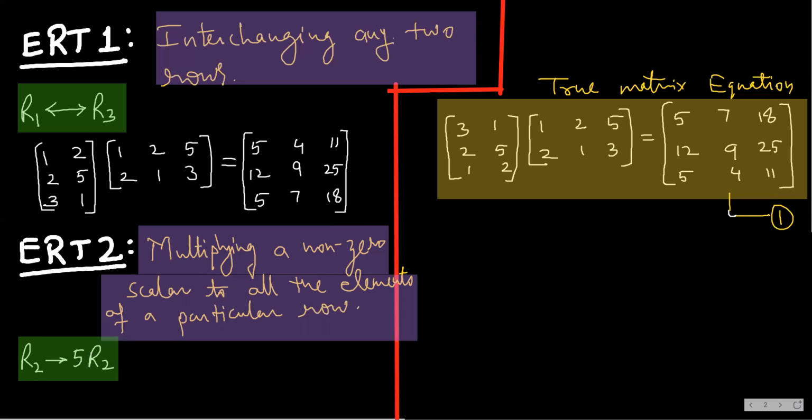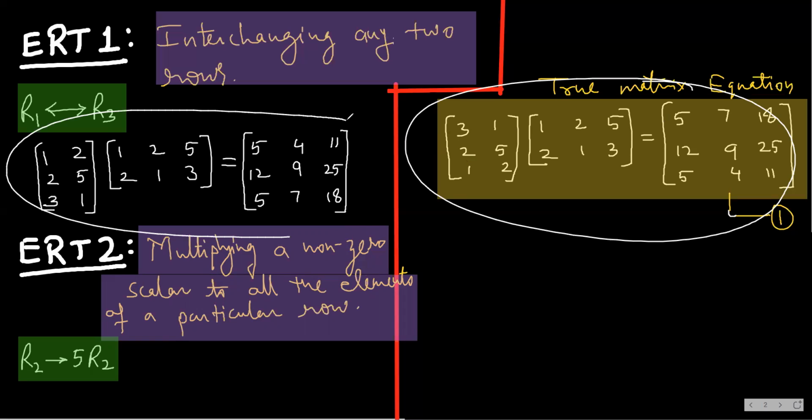And when I do that, what am I going to get? Now the thing is, this ERT, whether you are applying it on this equation or on this equation, you can apply on either of the equations because both are true. Remember, R2 changes to 5 R2.